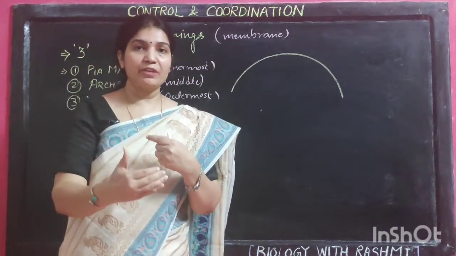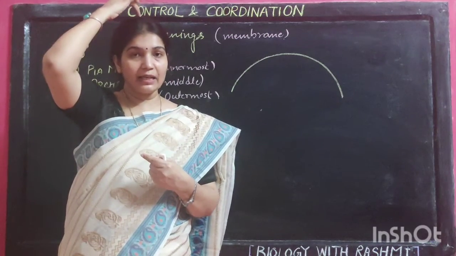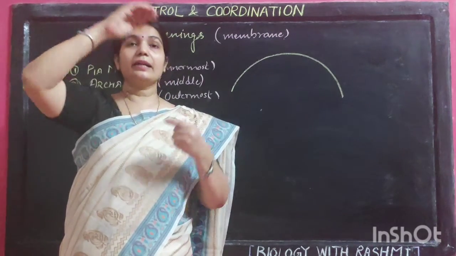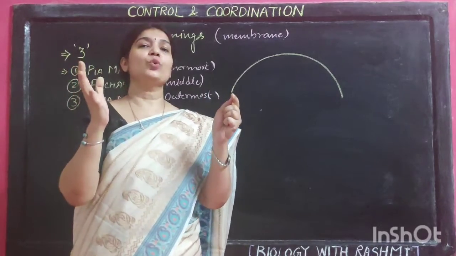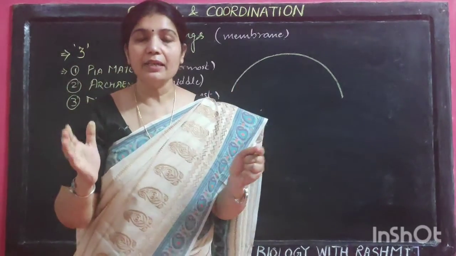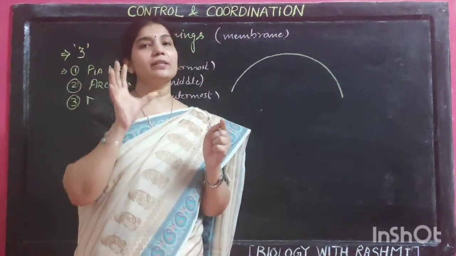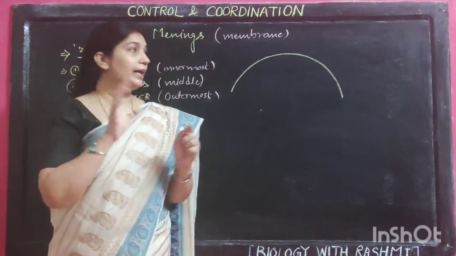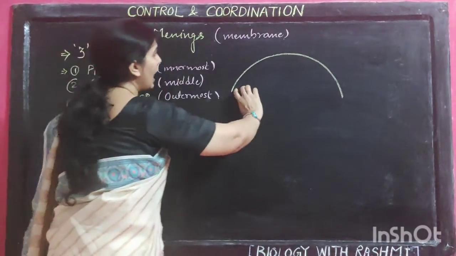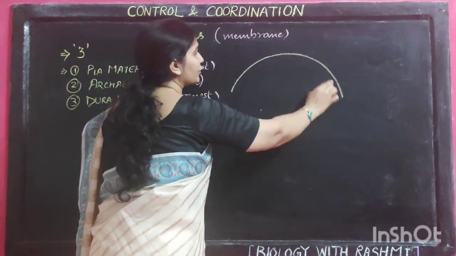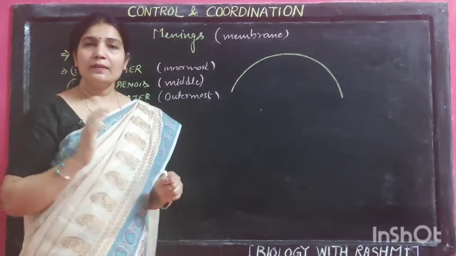In layman's language, this is the skull portion. Here the cavity lies and that is known as the cranial cavity. Within this cavity, the brain lies, and this hard bony structure is known as the cranium.